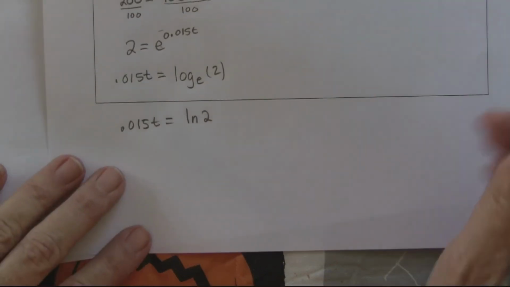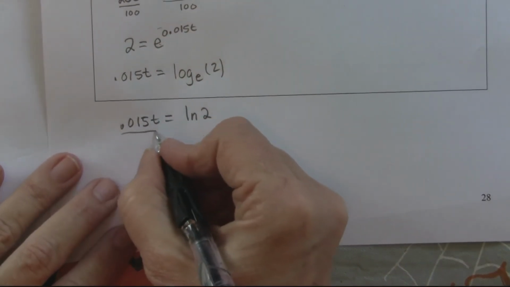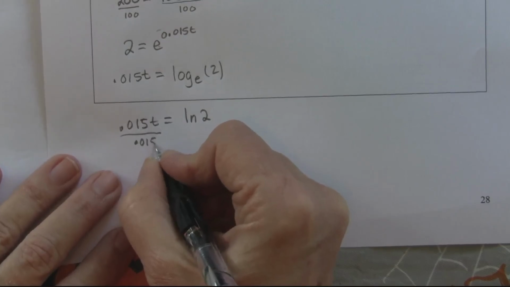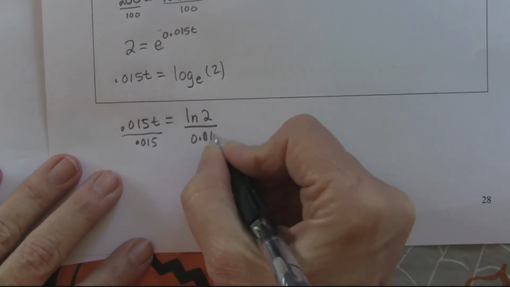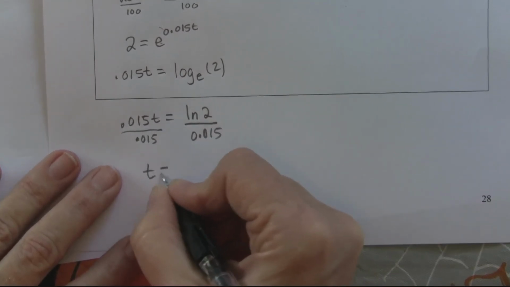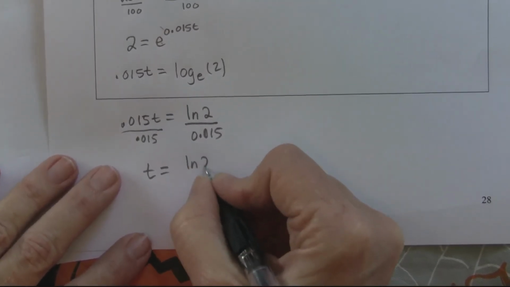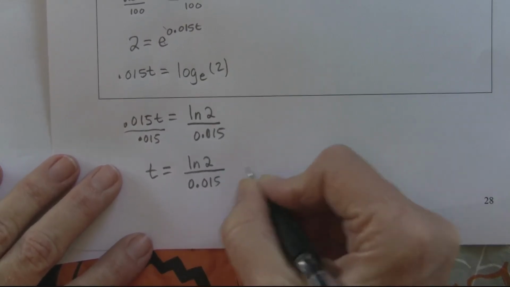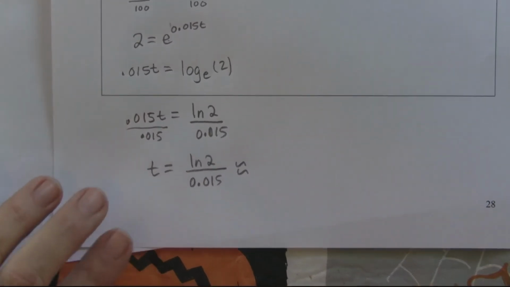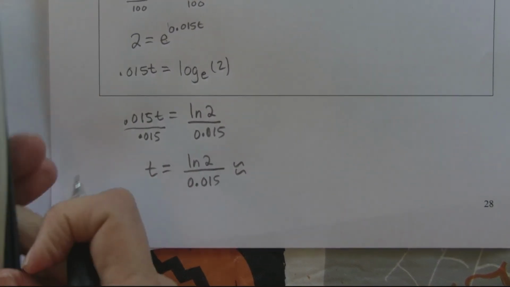The natural log of 2 is not a very nice number. You would divide by 0.015, so that t equals, this is my exact answer, the natural log of 2 divided by 0.015, and then that is approximately, and then that'll be the end of this video.